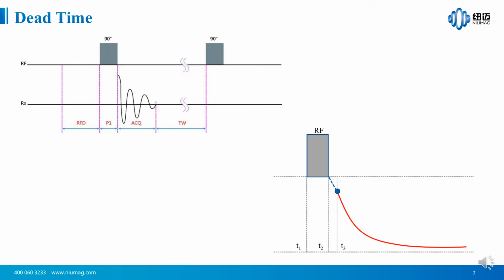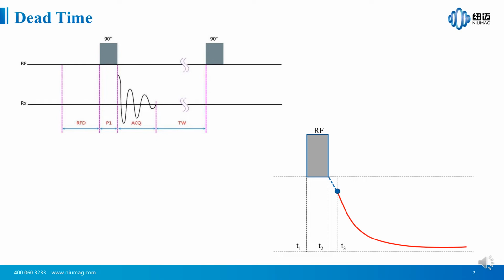The instrument dead time is an important indicator, but it is of different importance for different applications. For example, for some samples with long relaxation, such as liquid samples like pure water, which has a very slow relaxation, the loss of a few tens of microseconds of signal has little effect.